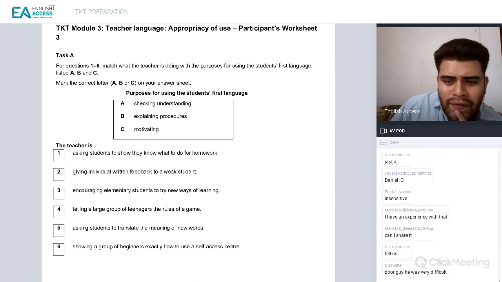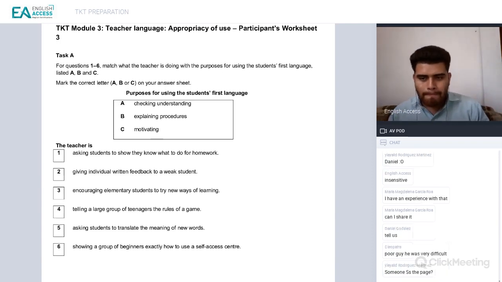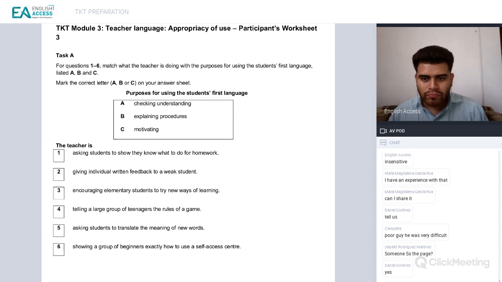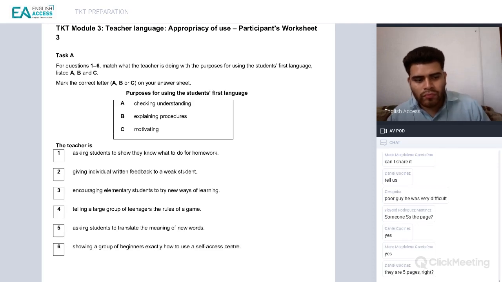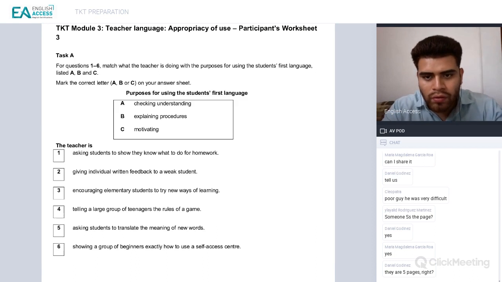All right. Does everybody have this page? Appropriacy of use participants worksheet 3. For this one, 2, 3, 4, 5. Yeah, only 5 pages.